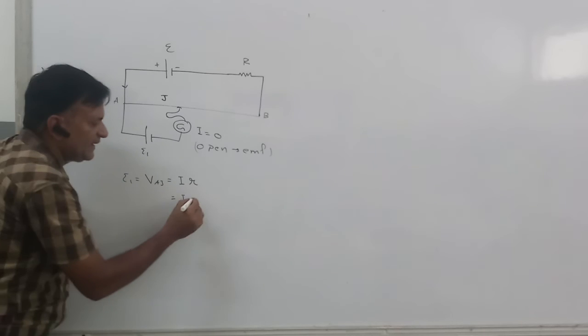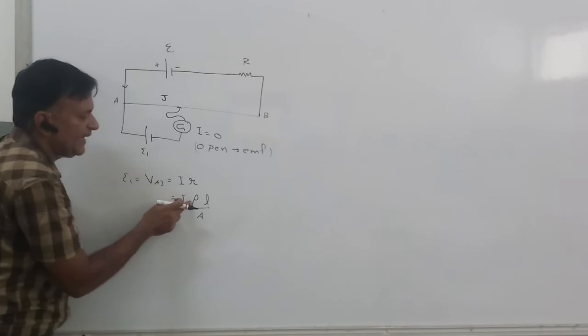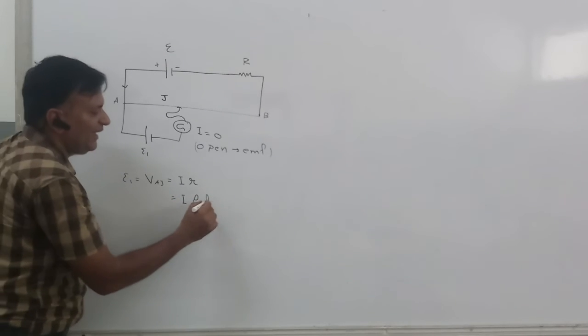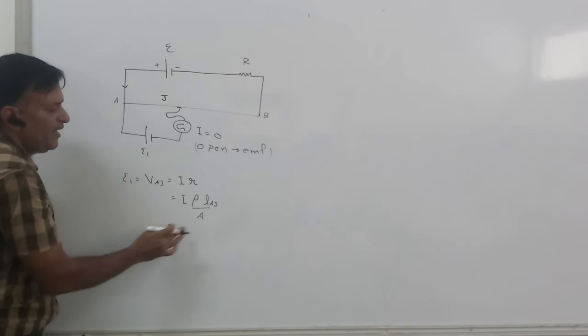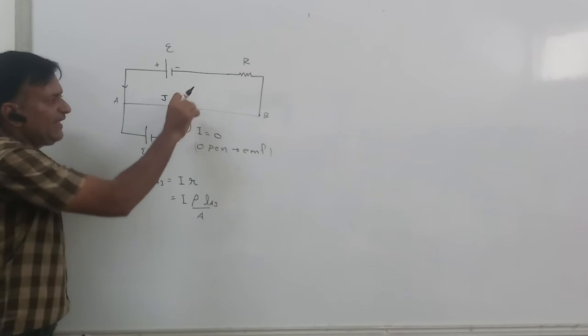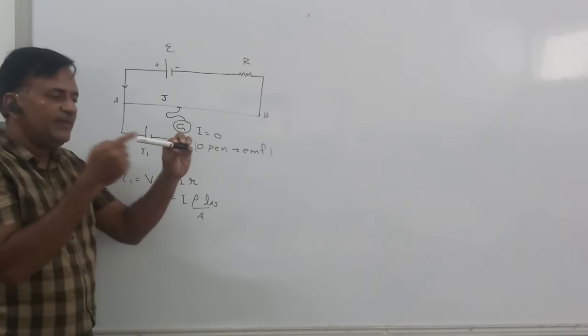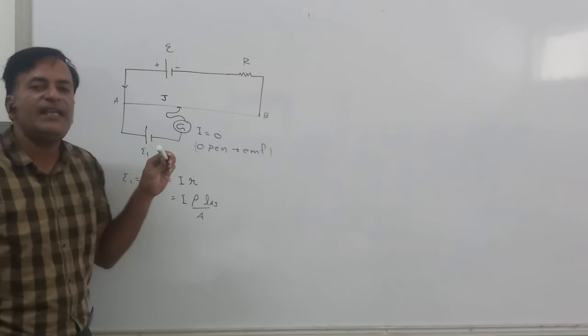What is resistance? It is rho into L upon A. What is rho? Resistivity. L is the length of the wire A to J. And A is the cross-section area of this wire. If this is the wire, then this area will be the cross-section area.